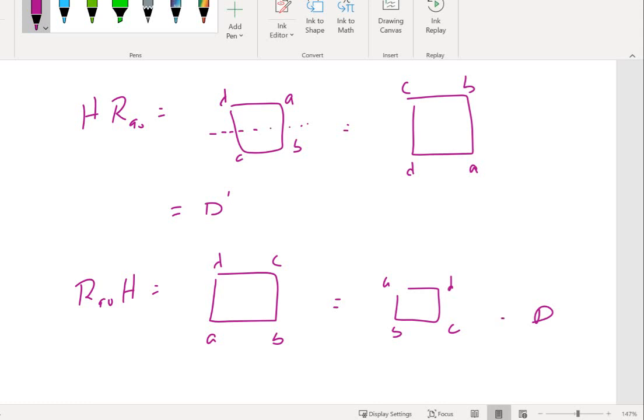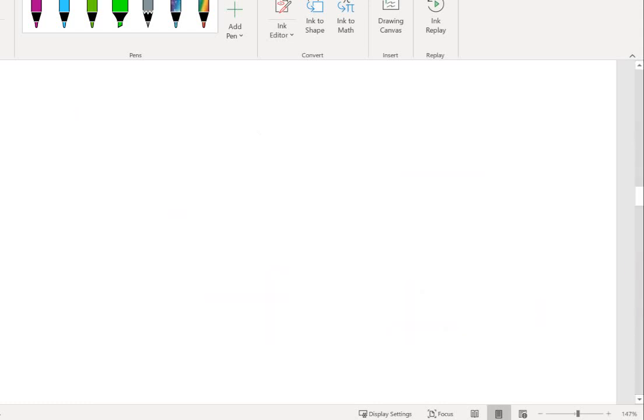That was element D, right? R90. Yeah. Now, if it's R180, what do we get?